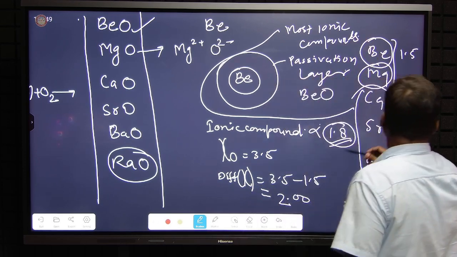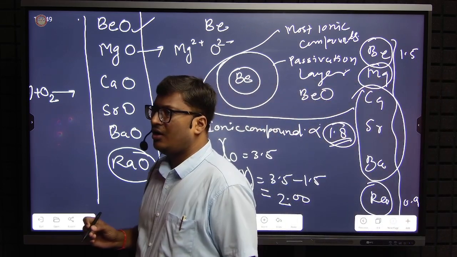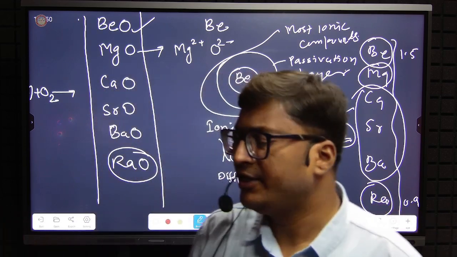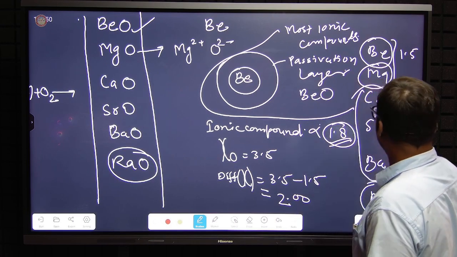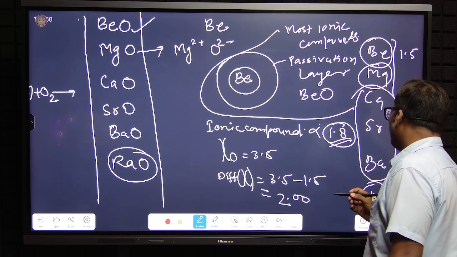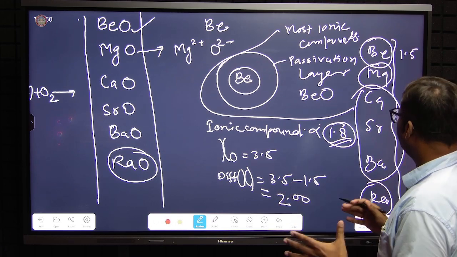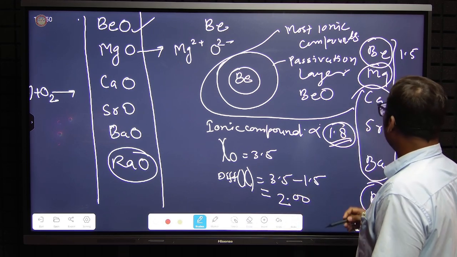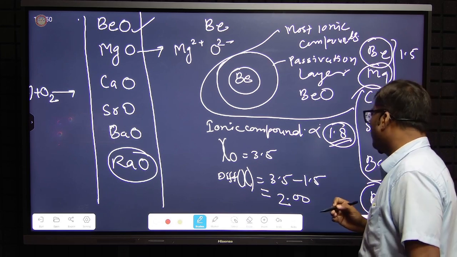But your beryllium and magnesium, these two metals actually form ionic compounds with some covalent characters, because of the electronegativity difference. So these two metals, when they react with oxygen to form beryllium oxide and magnesium oxide, the electronegativity difference is not so high compared to this value. So these metals actually possess covalent characters.